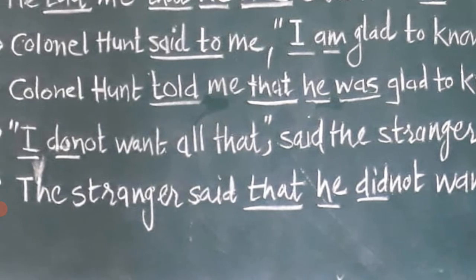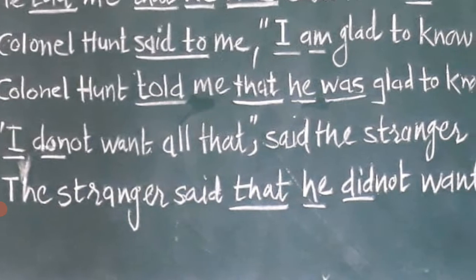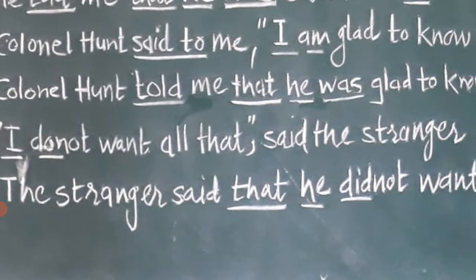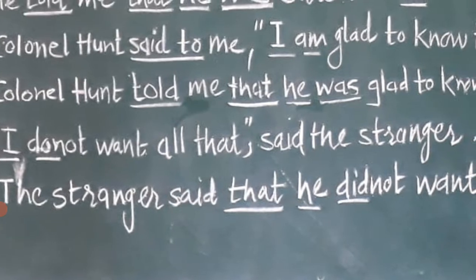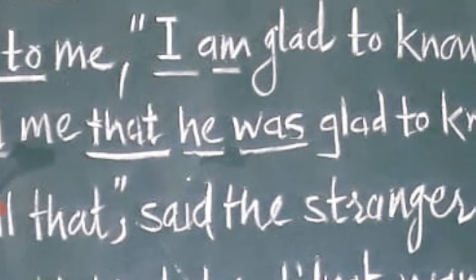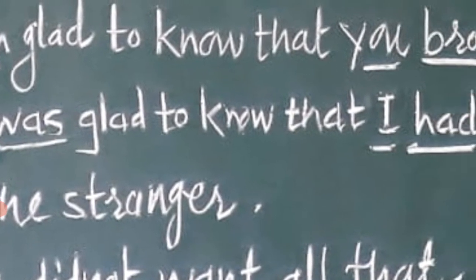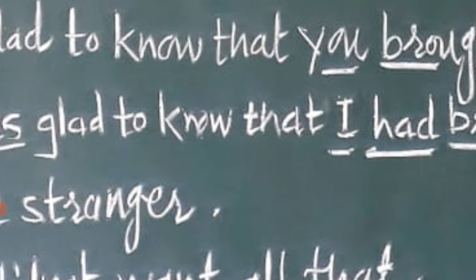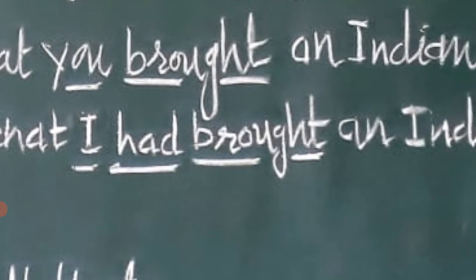Colonel Hunt said to is converted into told, afterwards me, and later on the comma and inverted comma are removed and it is joined by that. Afterwards I is converted into he, and later on to be's form am is converted into was. Glad to know that, again you is there for me, so you is converted into I. But you see here that you brought an Indian flag.